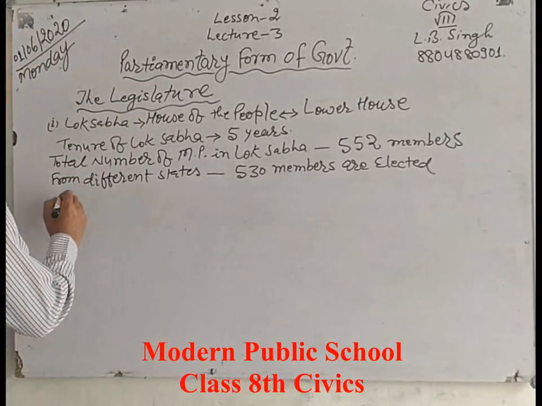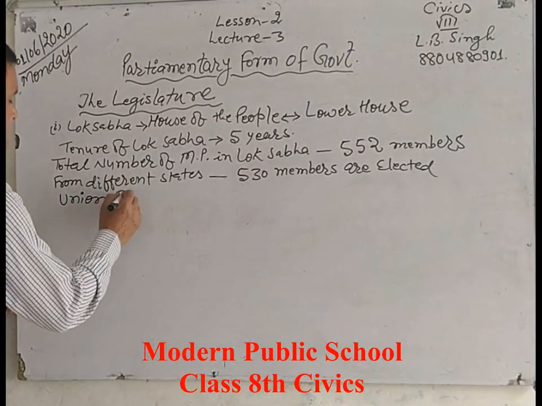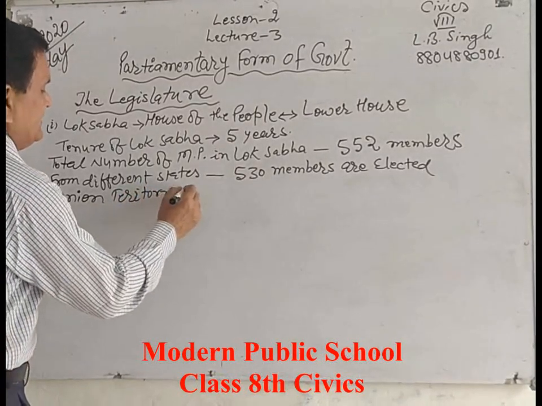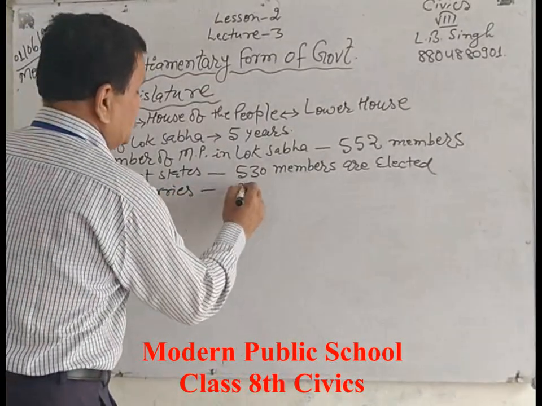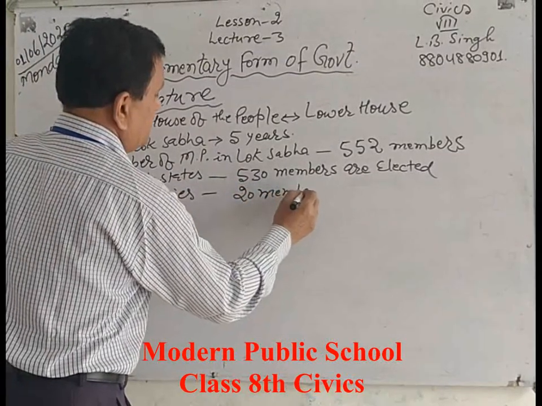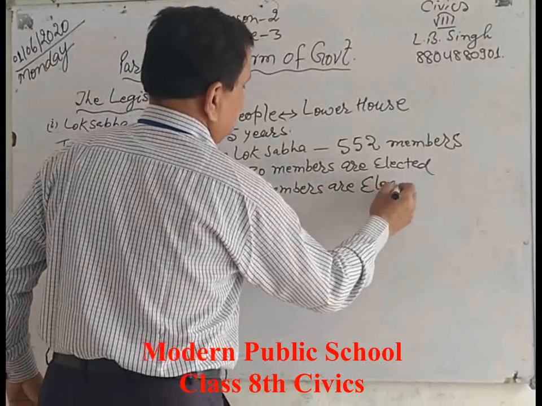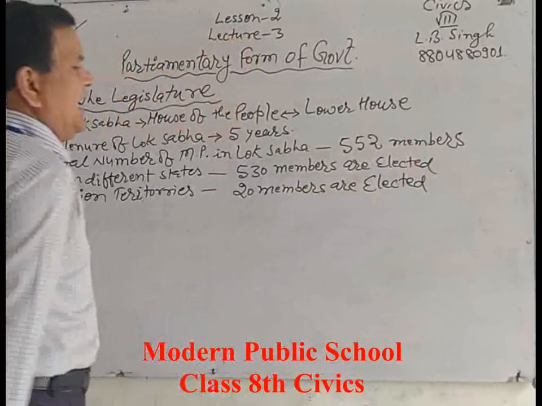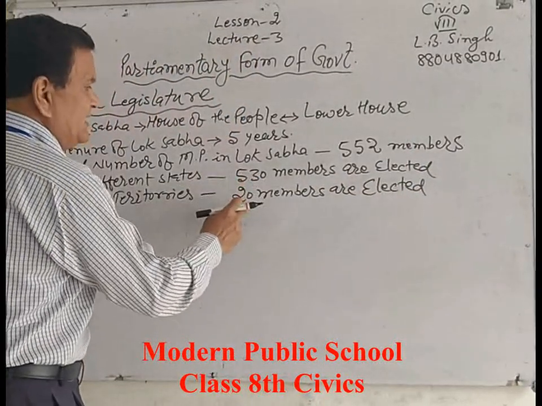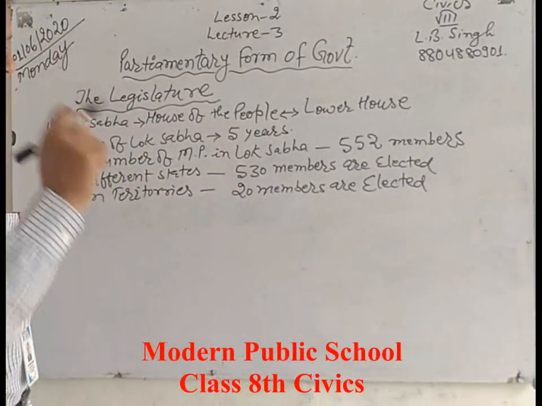Now the next one is the union territories. 20 members are elected. 530 plus 20 becomes 550.